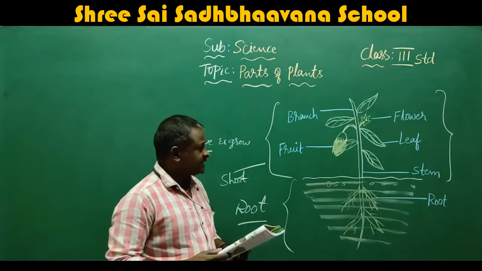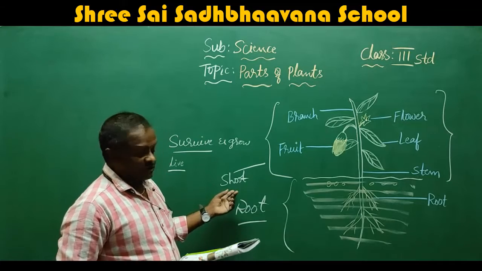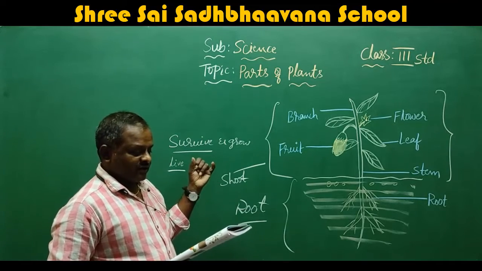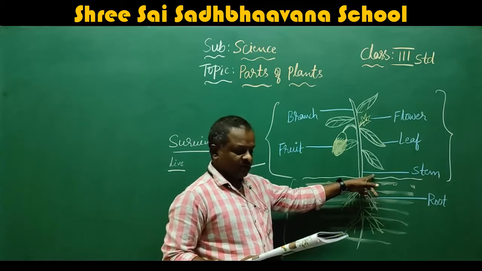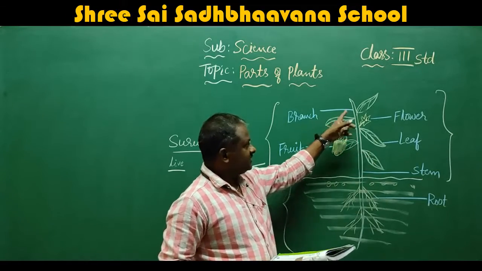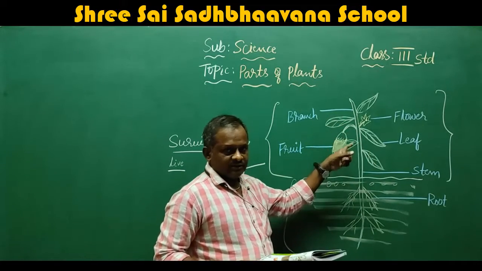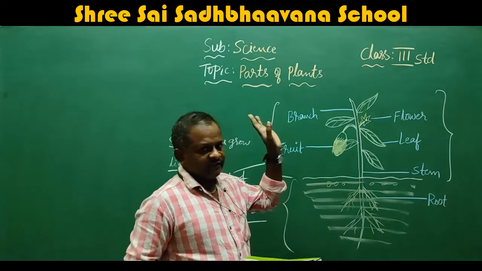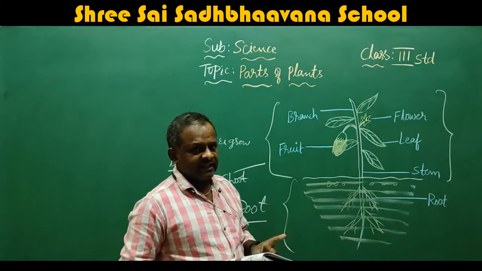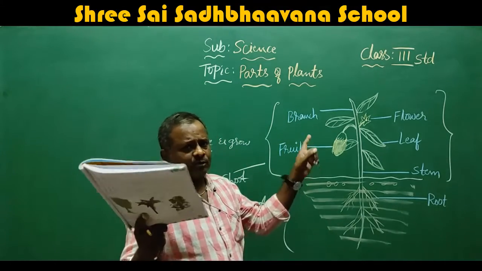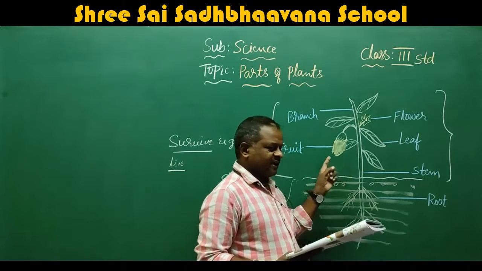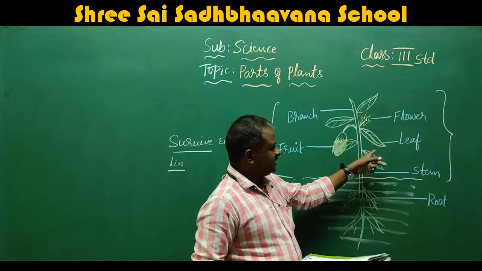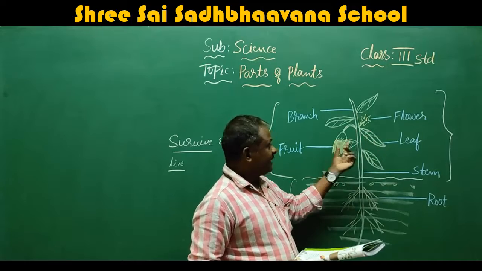What are the things present in the shoot system? The shoot system has the stem, branches. Here I have shown only one, but you have seen very well that a tree or any plant has so many branches. Next, leaves and buds.